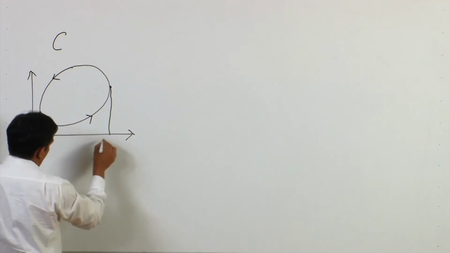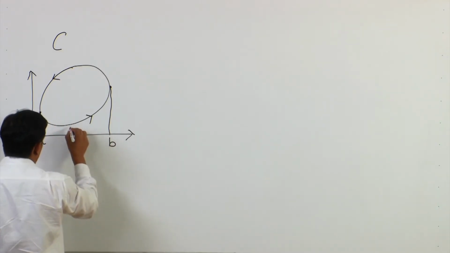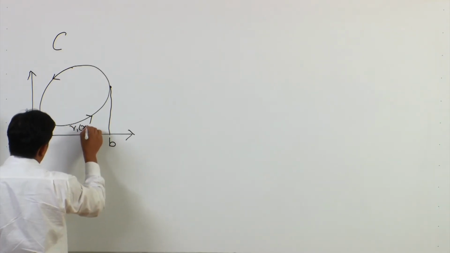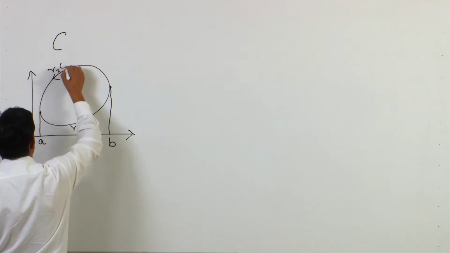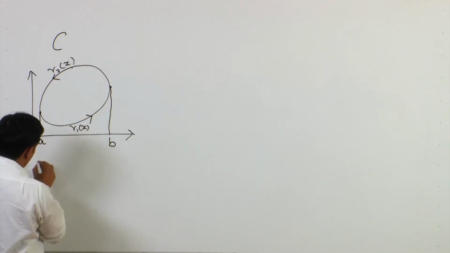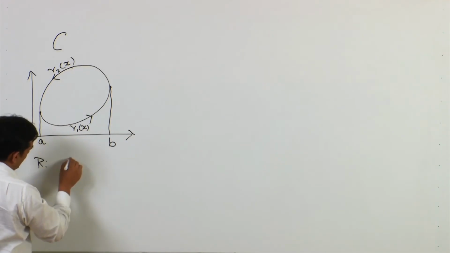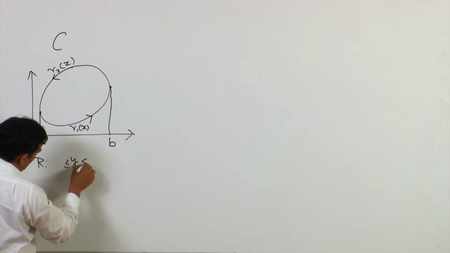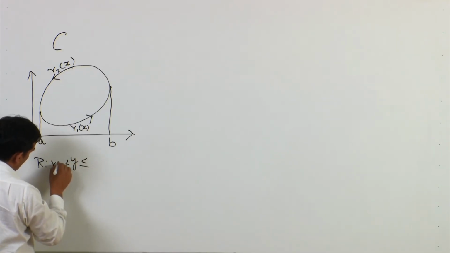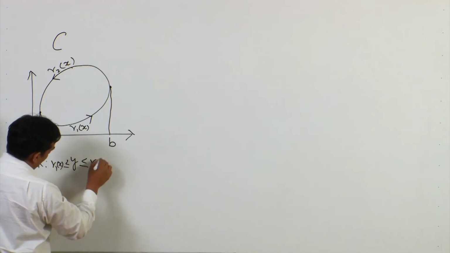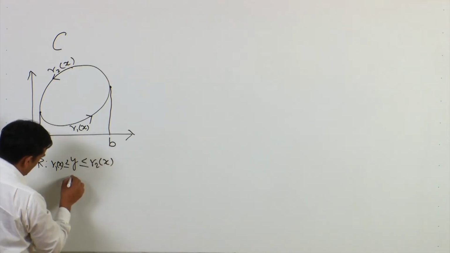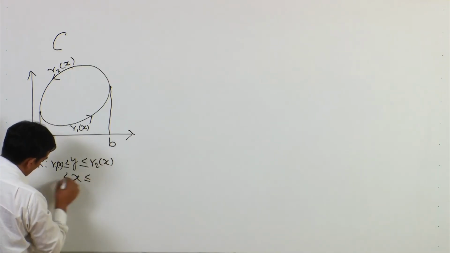So, my x is going from A to B, and let us say this is the curve r1(x), and this is the curve r2(x). So, this region R is given as y between r1(x) and r2(x), and here x is between A and B.